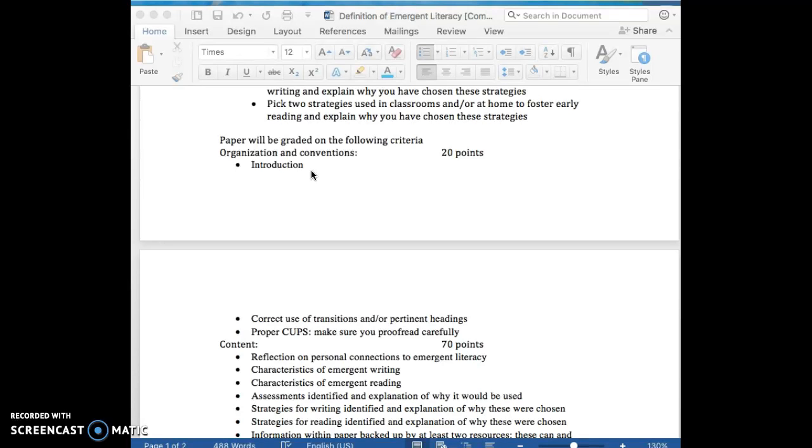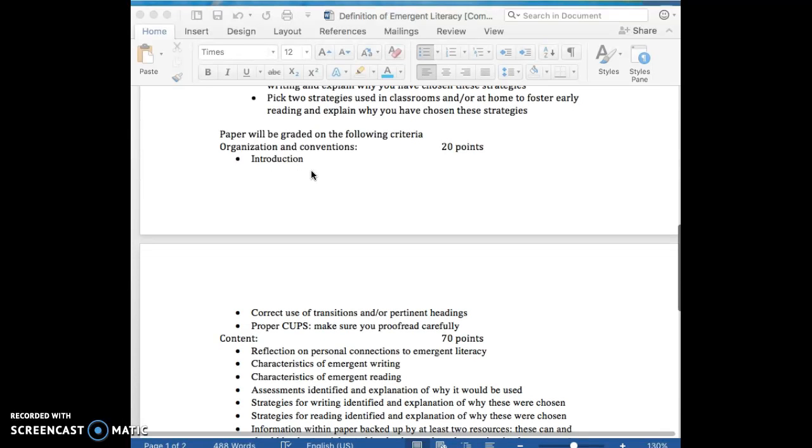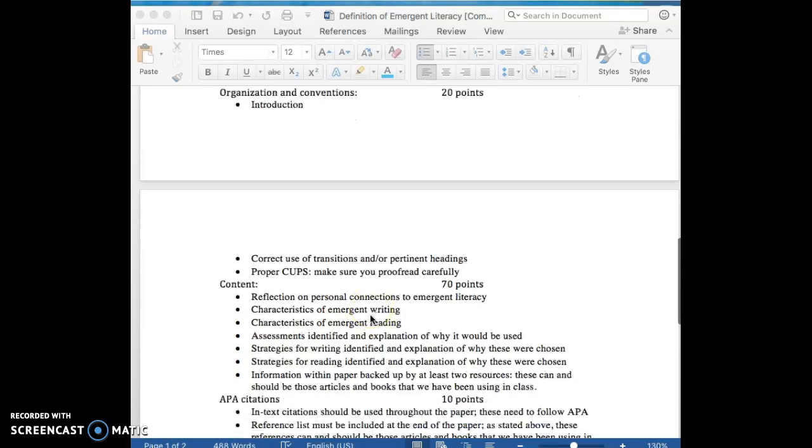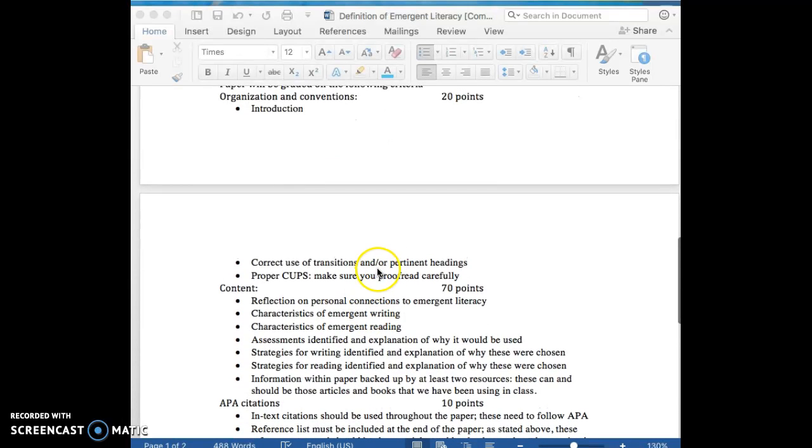But you can introduce me to some of your personal beliefs, to a reason why you've chosen some of the things you chose, whatever it is that you think would give me some bearing on what the rest of the paper is written about. So you're going to use correct use of transition and or pertinent headings.